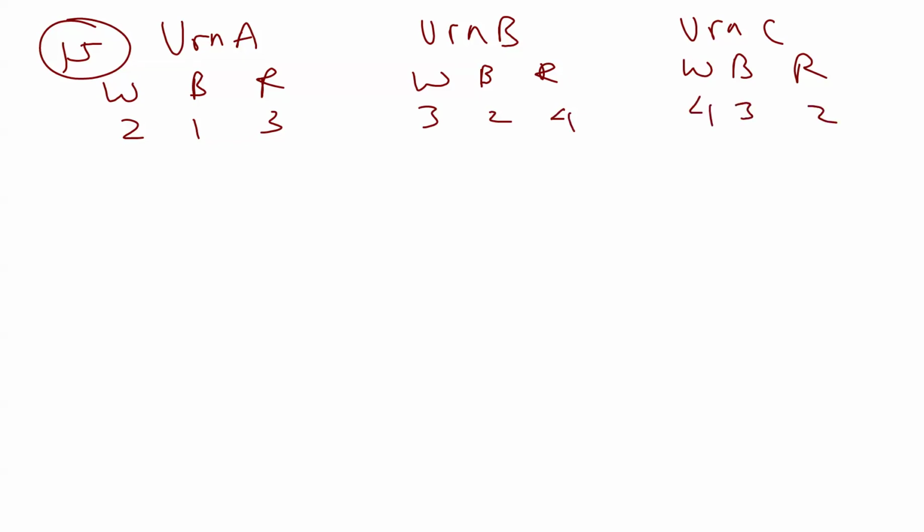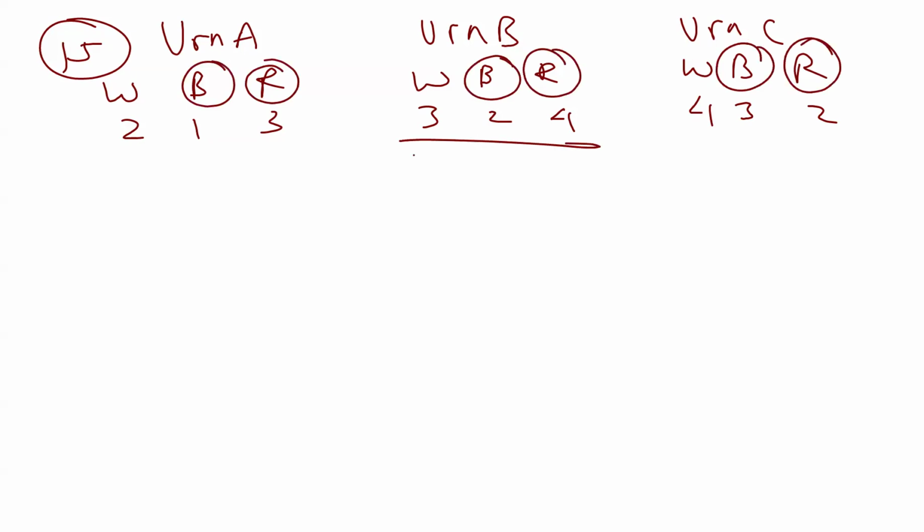One urn is selected at random and two balls are drawn. See guys, this time not a single object but two objects are drawn at random at once, and it is supposed to be one red and one black. So what is the probability that it came from urn B?